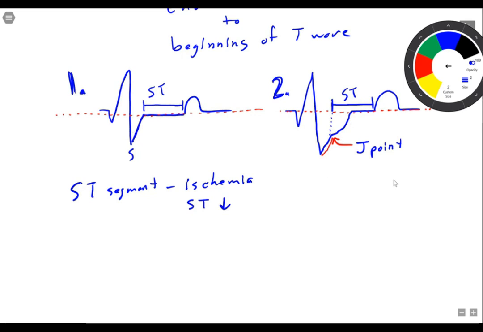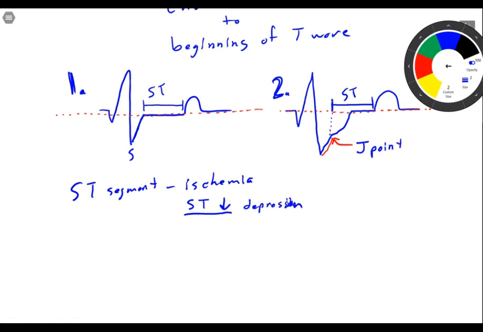So to have what we call ST segment depression, which is ischemia, that might be one S or two. Where's my notes? Depression, there's two S's in there. So ST segment depression.